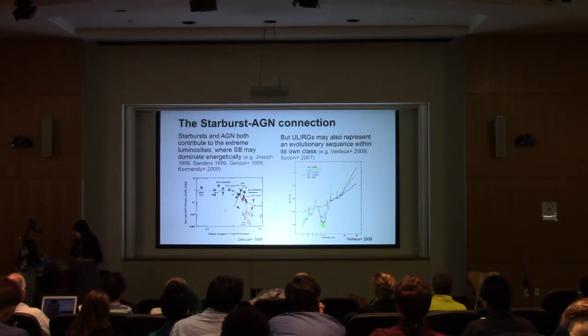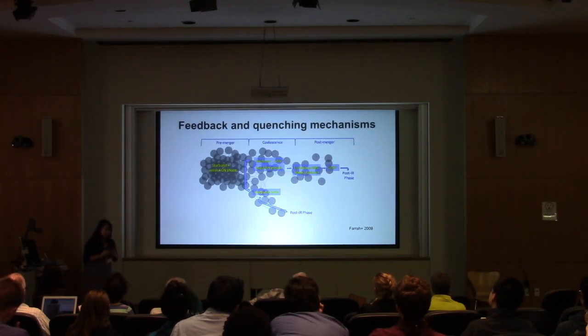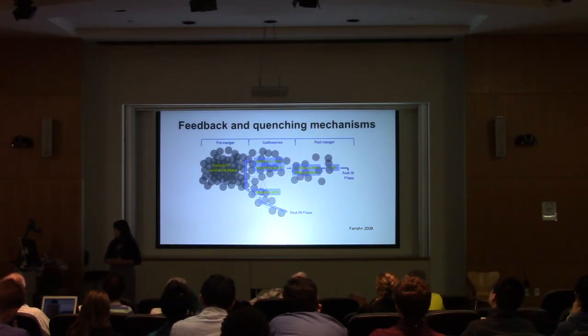And so all of this is to basically say that it's important to understand the relative contribution of starburst and AGN to these mergers.